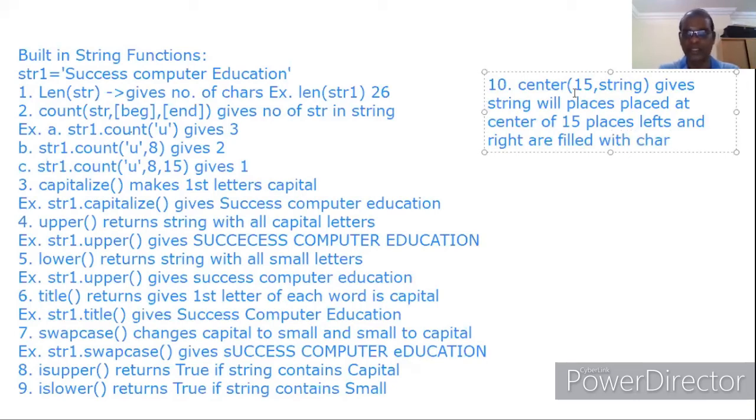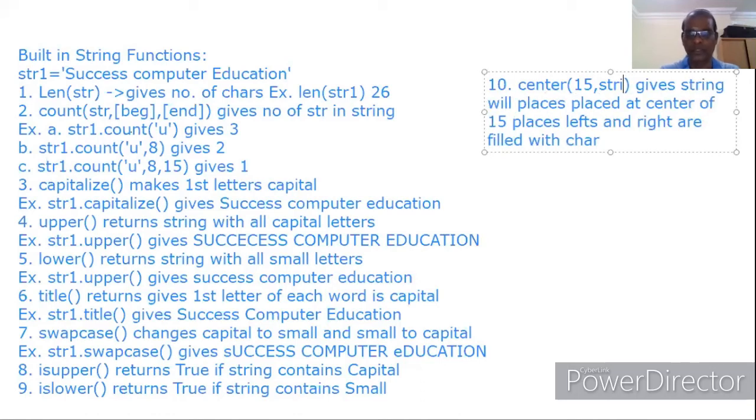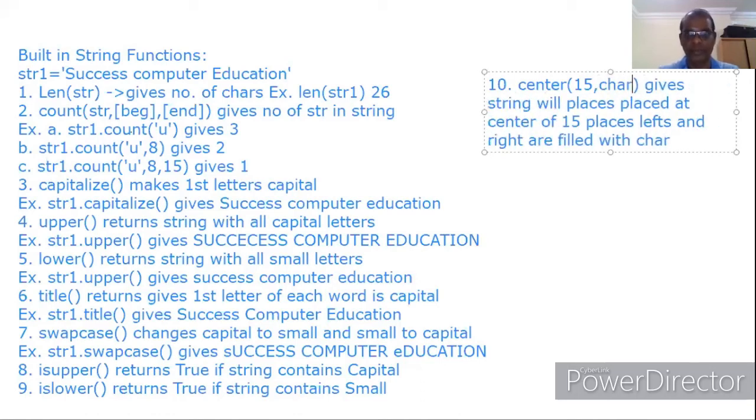We can give it as a character. For example, we can have success. We can have SC alone.